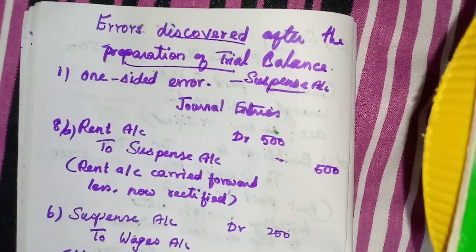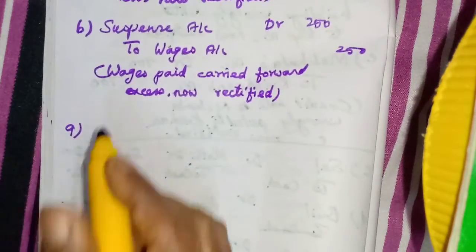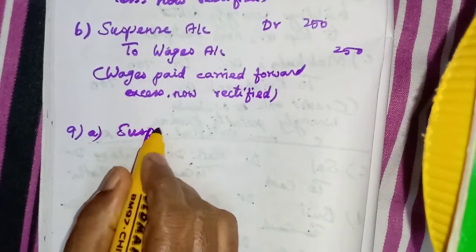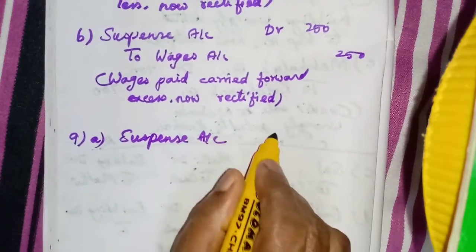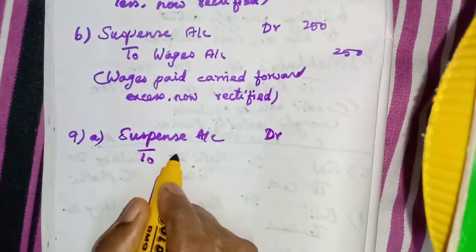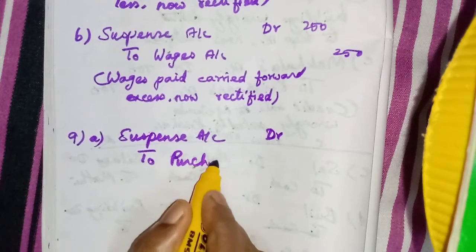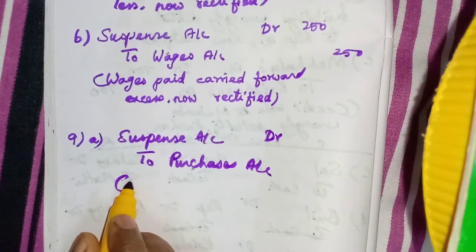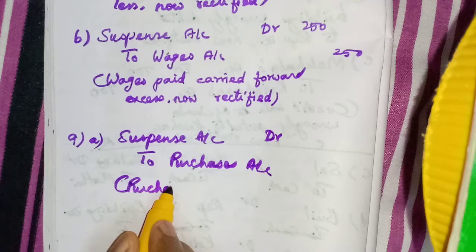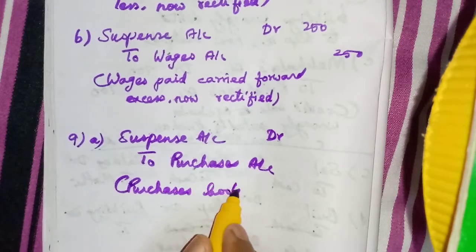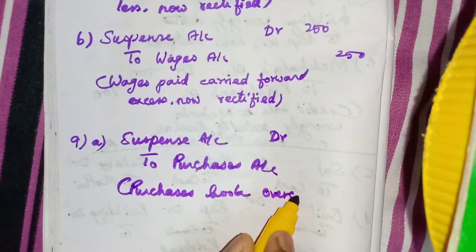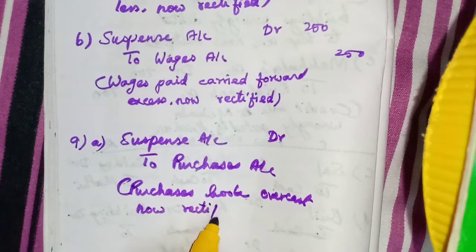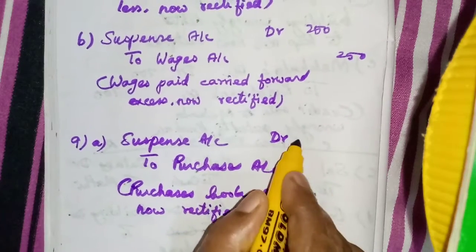If purchases book is credited, what should be debited? Suspense account. So suspense account debtor to purchases account. Purchases book overcast, now rectified. 10,000.